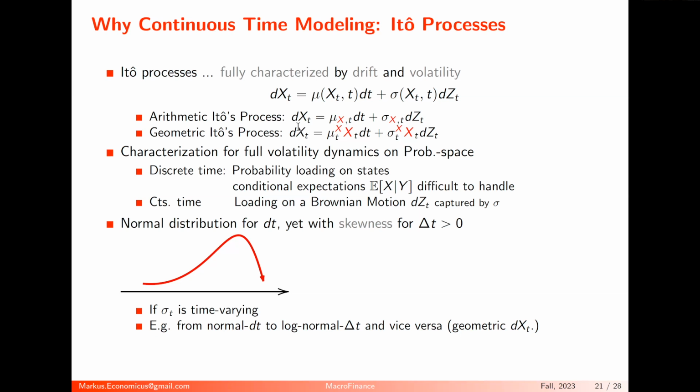And whenever it's an arithmetic one, mean or volatility loading, I make a subscript x. Whenever it's a geometric one, I make a superscript x. Okay, that's just notation. So that this mu subscript x is mu superscript x times x. Superscript x means it's a geometric mean. Think about percentage changes or volatility percentage changes.